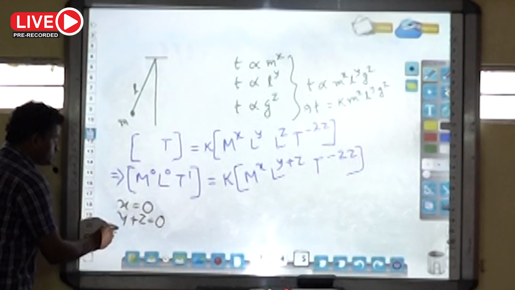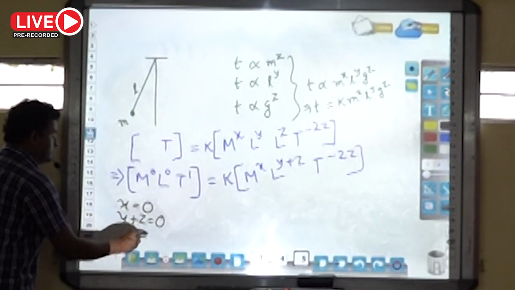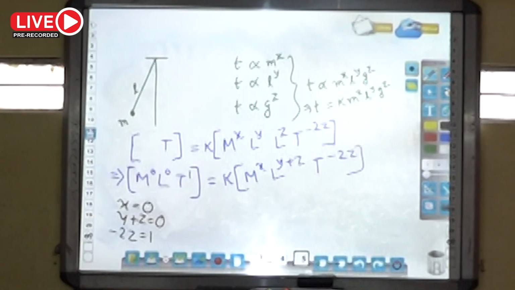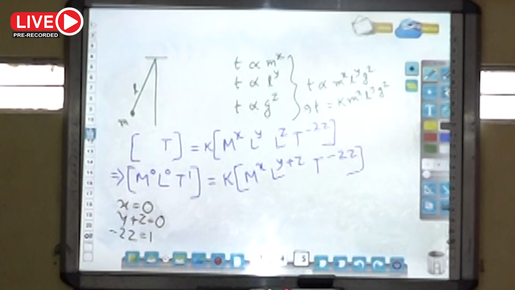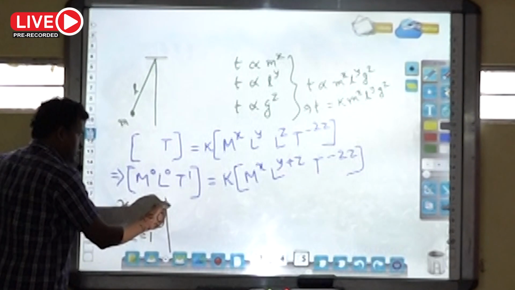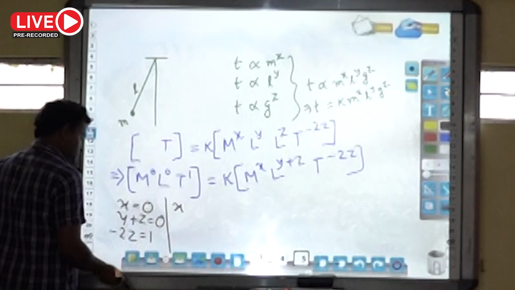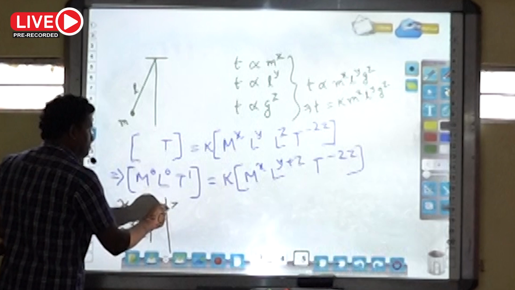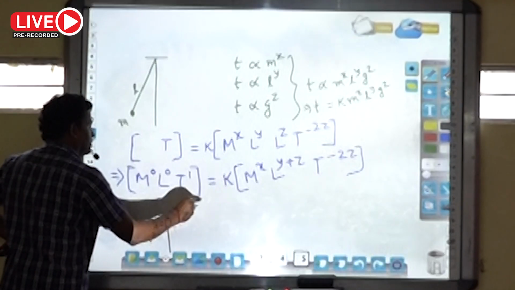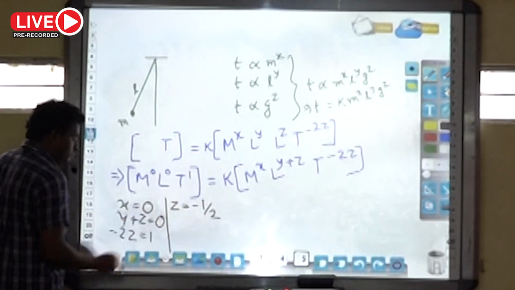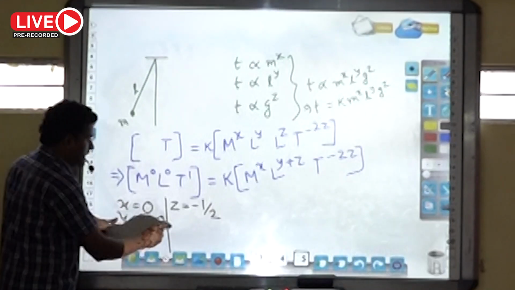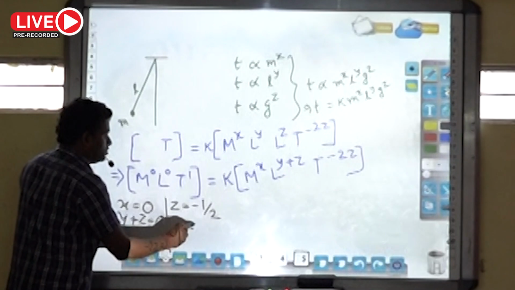It gives minus 2z equal to plus 1, from the dimension of t. So we get z equal to minus half. And on putting z equal to minus half in the second equation, y plus z equal to 0, I get y equal to plus half.